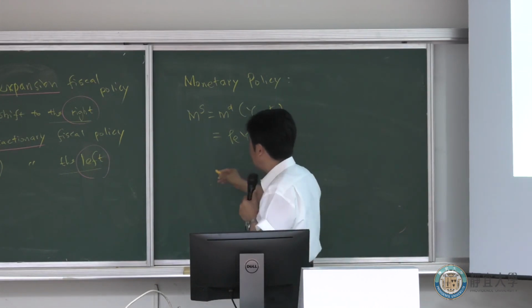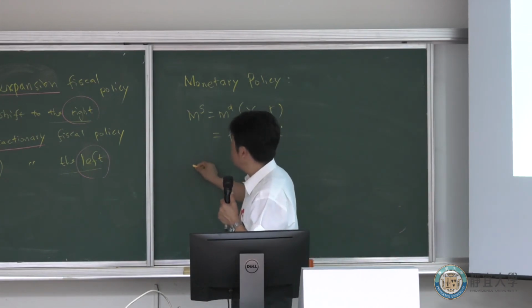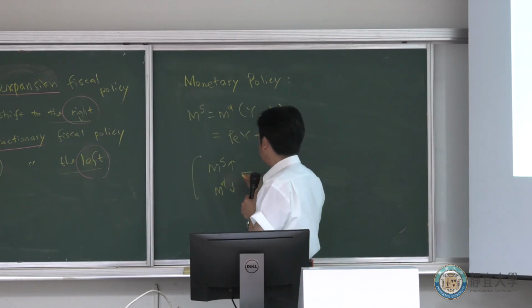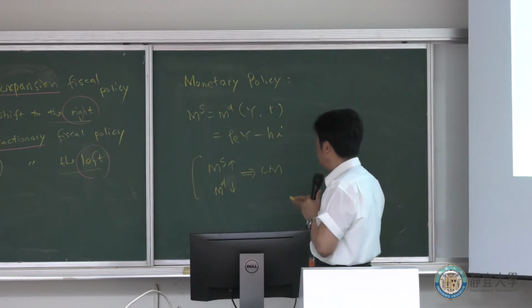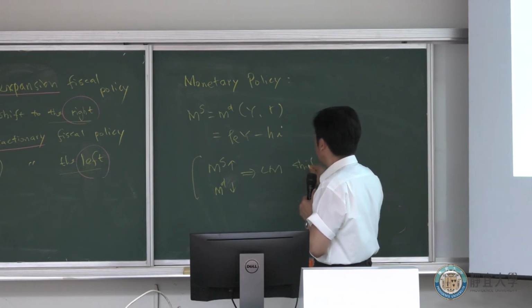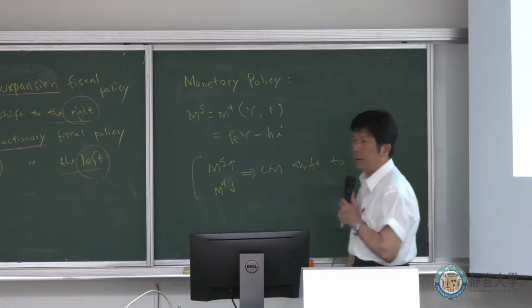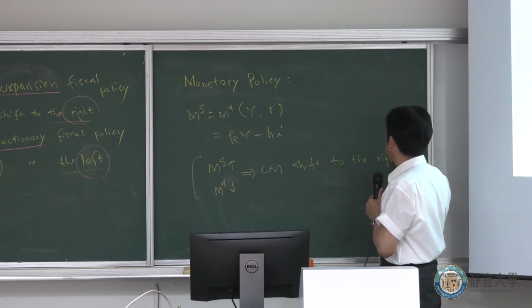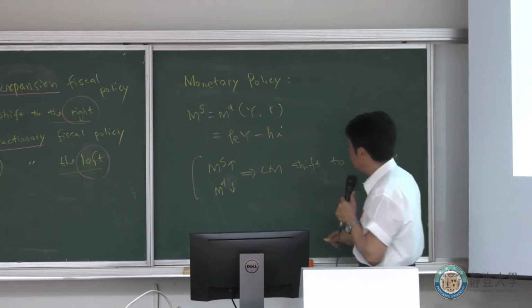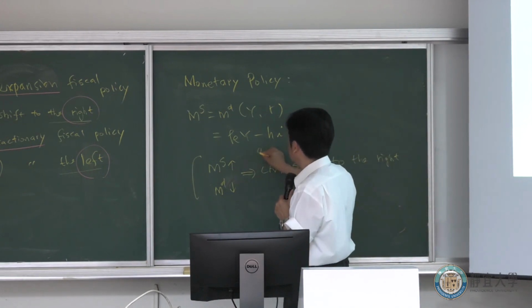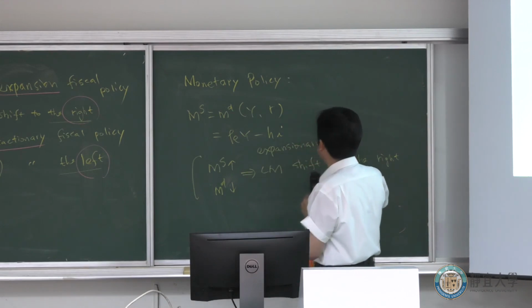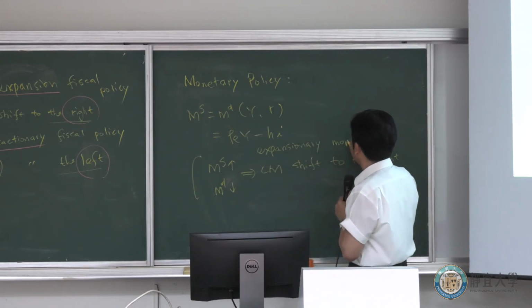Here we just try to write down, for example, if the money supply increases or money demand decreases, then LM will shift to the right-hand side. This is what we call expansionary monetary policy.